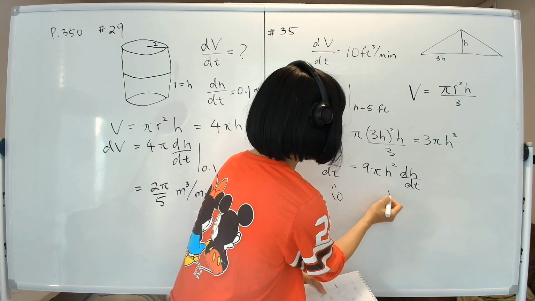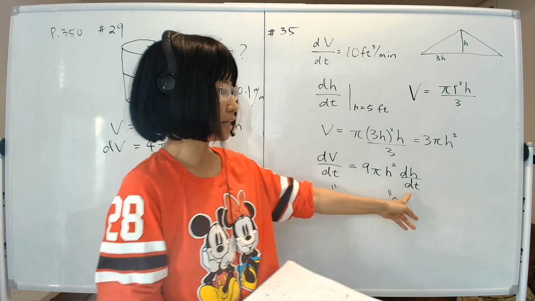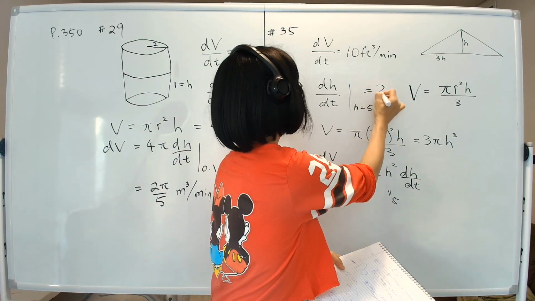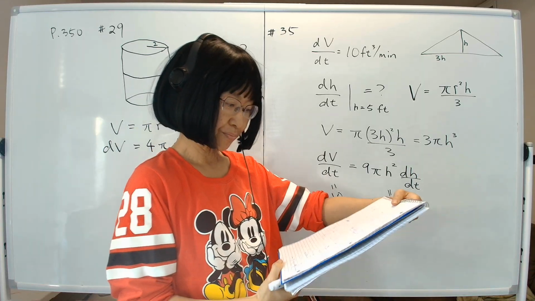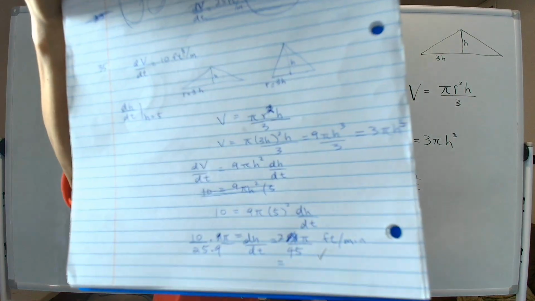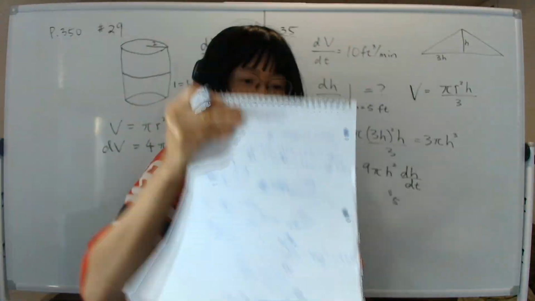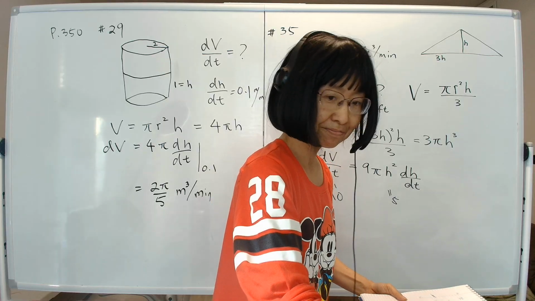We need to plug in h equals 5, and then calculate dh by dt, which is what we're looking for. That should come out very easily, and you can see my answer here if you're not sure. All right, and then with that, we'll go to the next page. And I checked the answer, it is correct.